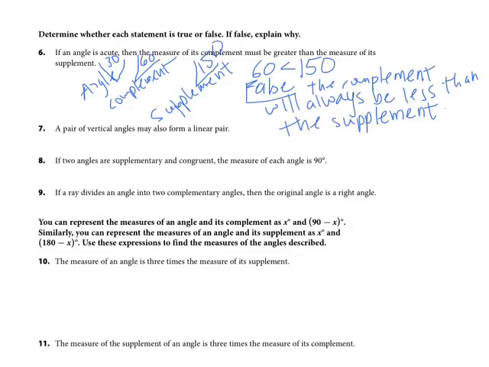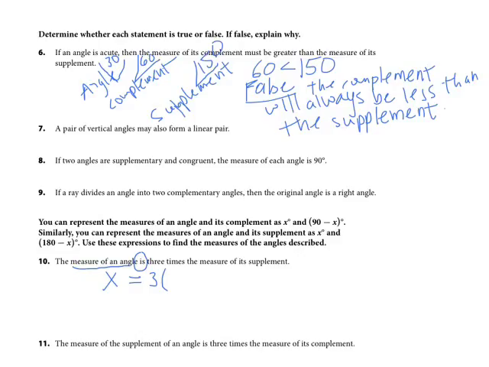Use these expressions to find the measures of the angles described. The measure of an angle, which would be x, is, meaning equals, 3 times, which means I need to multiply by 3 times something, the measure of its supplement.